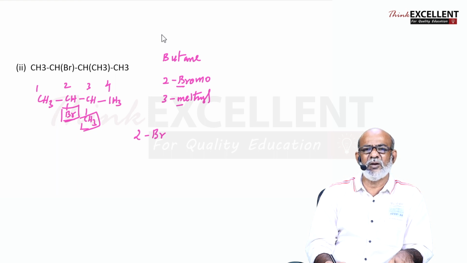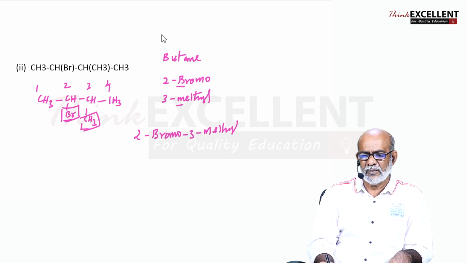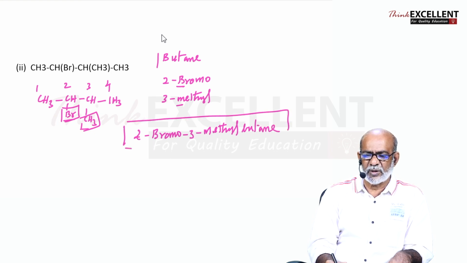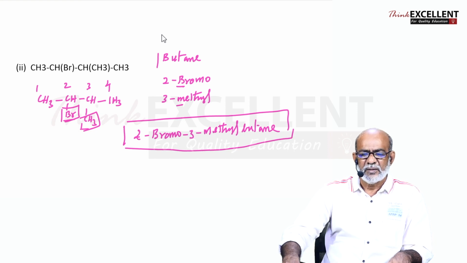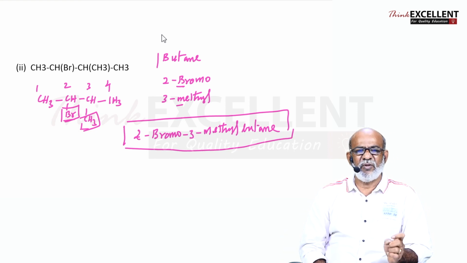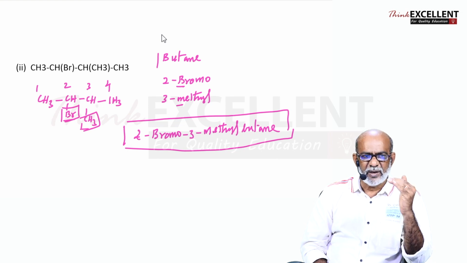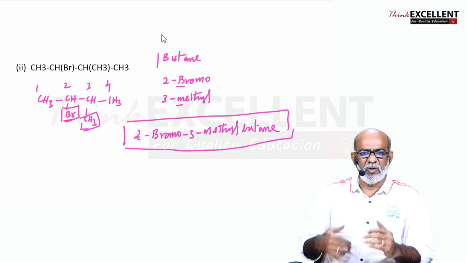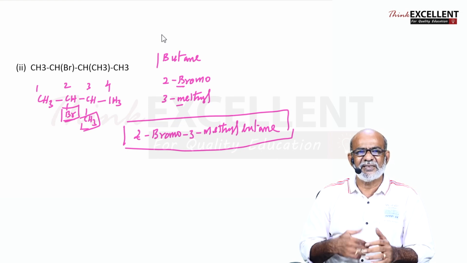Between number and letter you put a hyphen. Then 3-methyl, then the root word but, and then the suffix ane. So 2-bromo-3-methylbutane. So this is the method to write the IUPAC name by using the given formula. Some more we'll study later. Thank you, students. We'll see you in the next class.